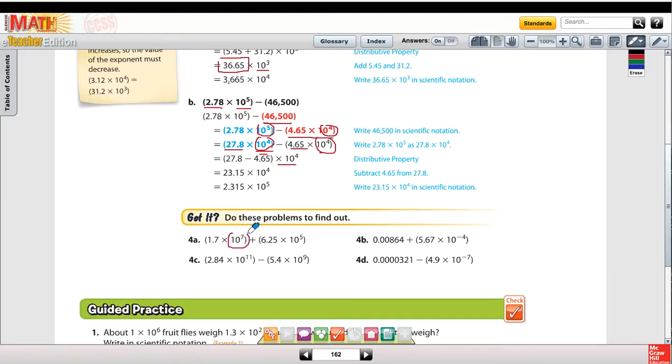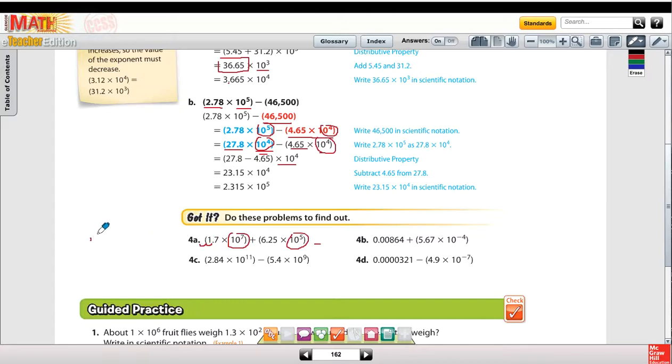Okay, for 4a we have 10 to the 7th and 10 to the 5th. Let's just take care of that first by making both of them 10 to the 5th power. So this one's good, but 1.7 times 10 to the 7th, if we have to shave off 2 from the 7, we're going to actually move that decimal place back 2 places.